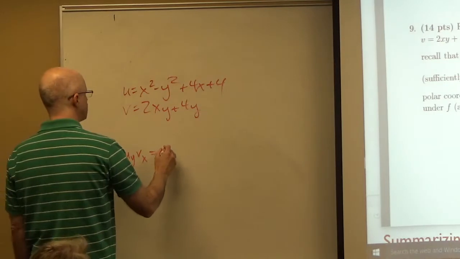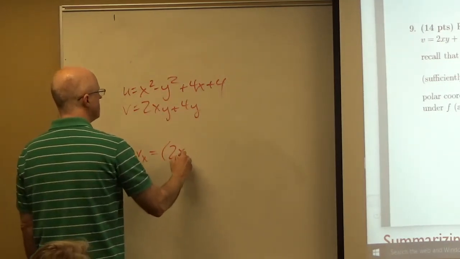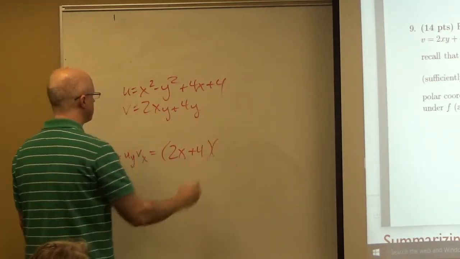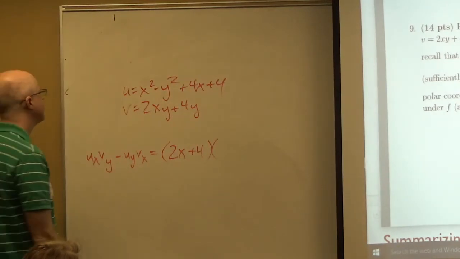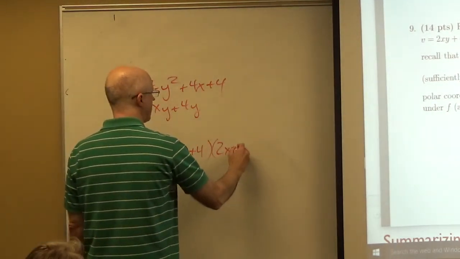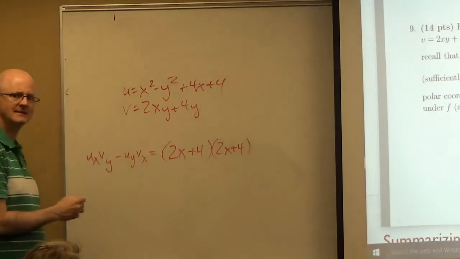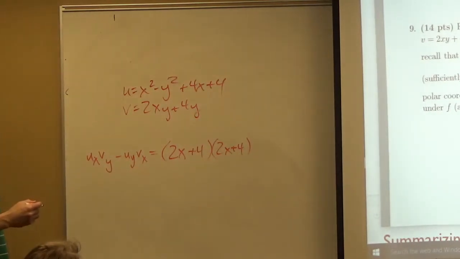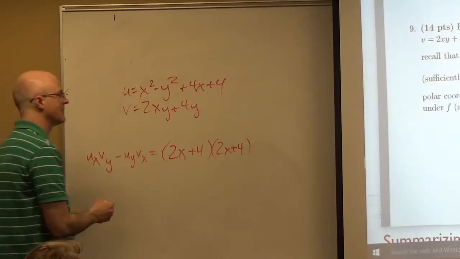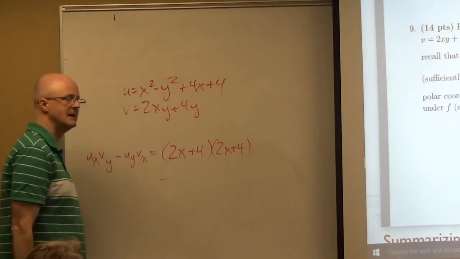What would that be? Ux, the derivative of u with respect to x, is 2x plus 4. The derivative of v with respect to y is also 2x plus 4. Is that a coincidence? It's not a coincidence. The Cauchy-Riemann equations are what's relevant there.